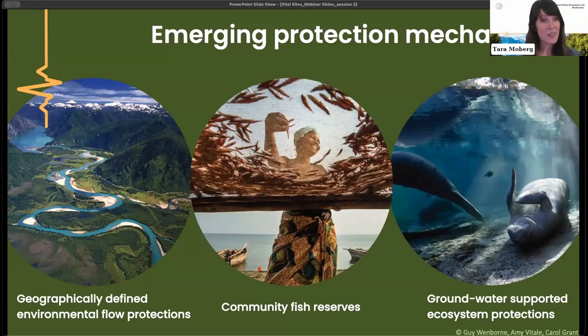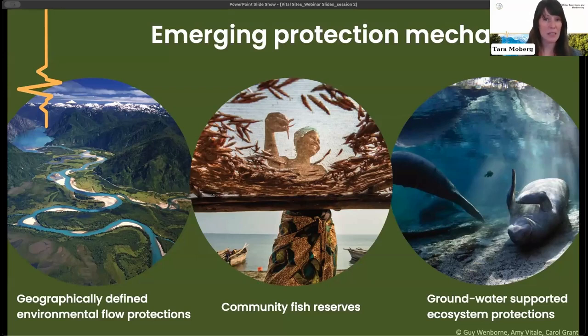Moving to another example, community fish reserves. There are cases in the report that highlight how these tools have been demonstrated in sites throughout the world to support community fisheries, as well as deliver on biodiversity conservation using specific management approaches and management plans.